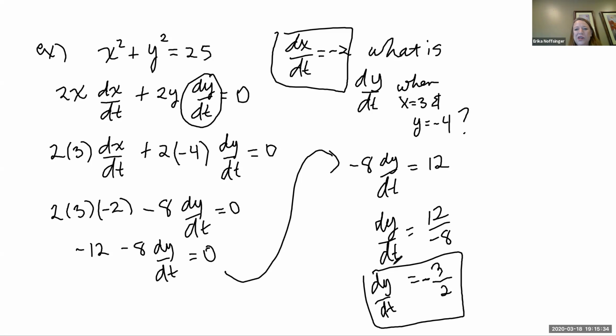So basically, we were trying to find the rate of change of our y value with respect to time, given that the rate of change of our x value was -2 at the particular point (3, -4). Get that?